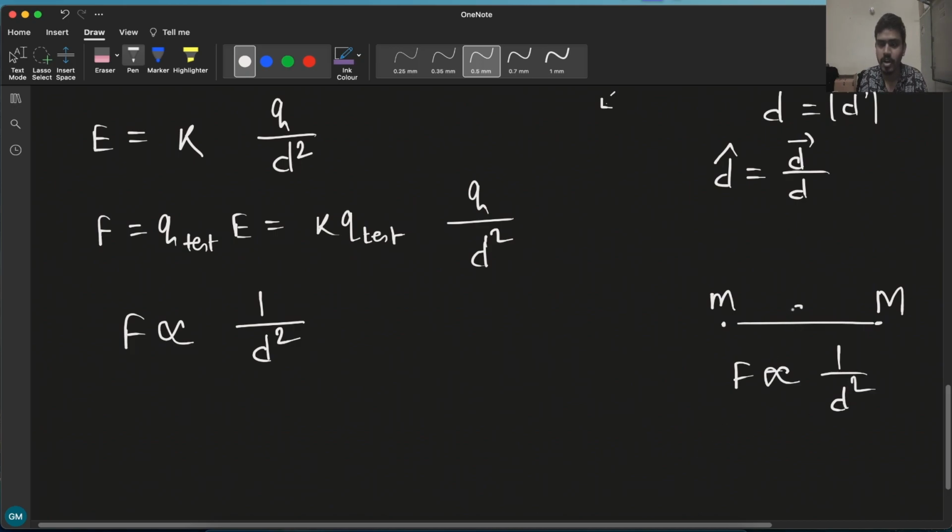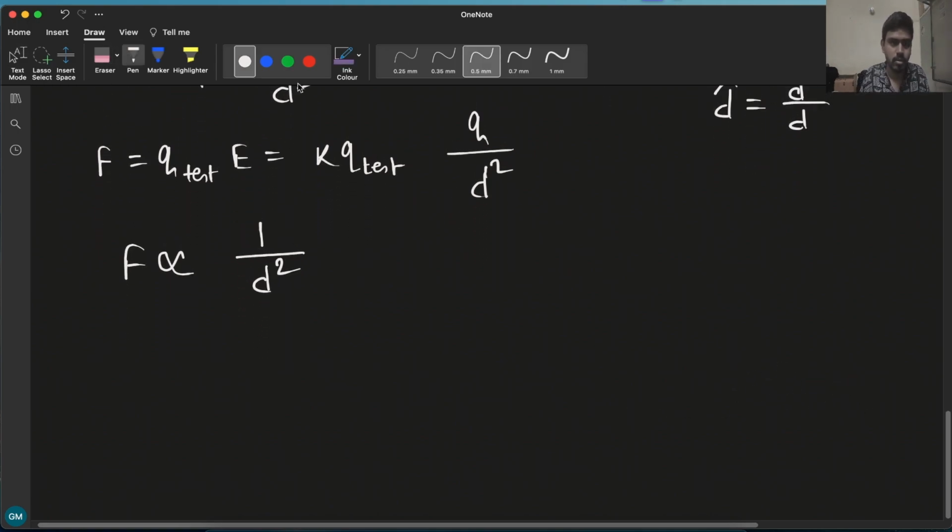These are all inverse square forces present in our universe. Or rather I should say the gravitational attraction or the electrostatic attractions and repulsions can be explained via these inverse square forces.